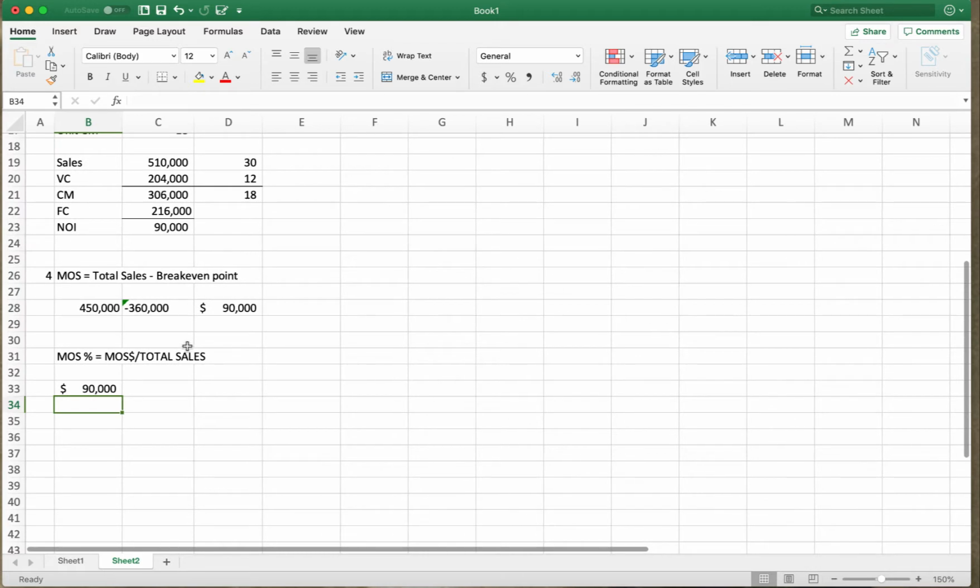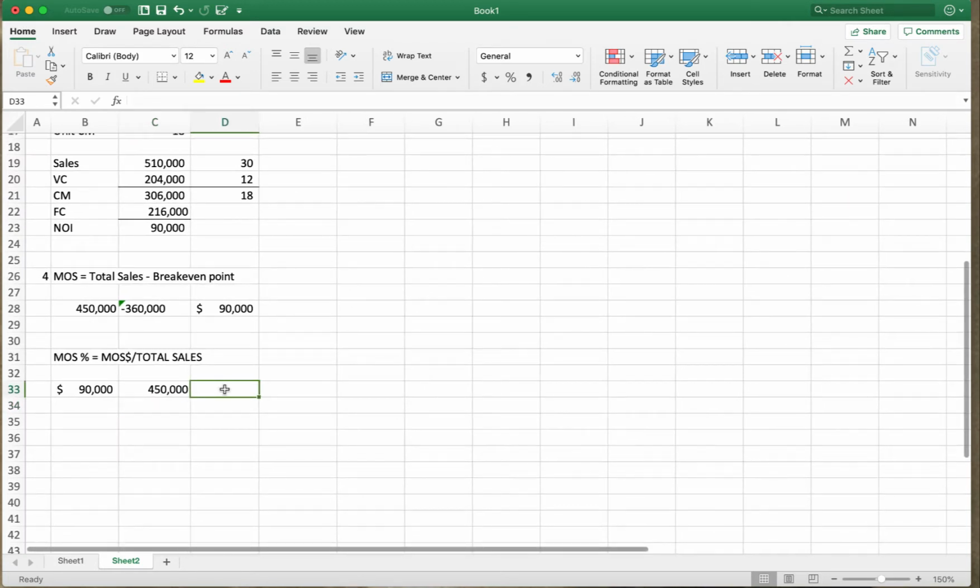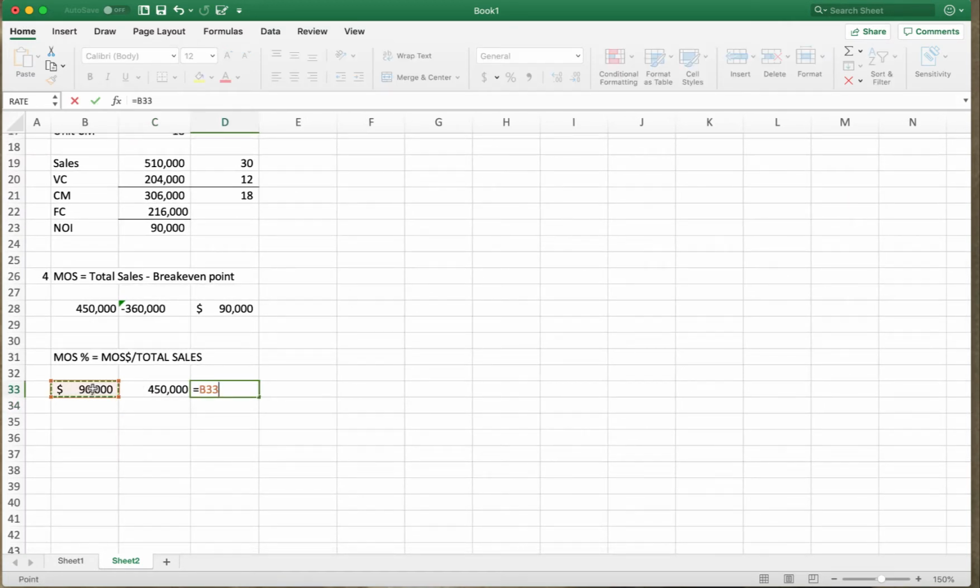What are the total sales? Again, that's the 450,000. So we just divide 90,000 by $450,000. We end up with 20%. So another way to state the margin of safety is in percentage form. We could say that our sales can drop by 20% before we're in danger of incurring a loss.